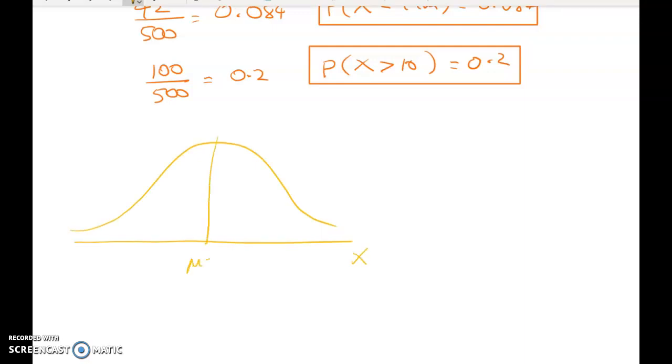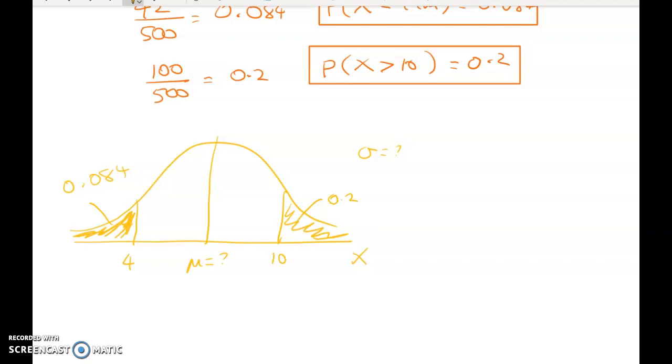We don't know what mu is, and we don't know what sigma is. But we can colour in here. We know that about 8%, or 8.4%, is below 4. And at the top end, we've got 20% or 0.2 greater than 10.